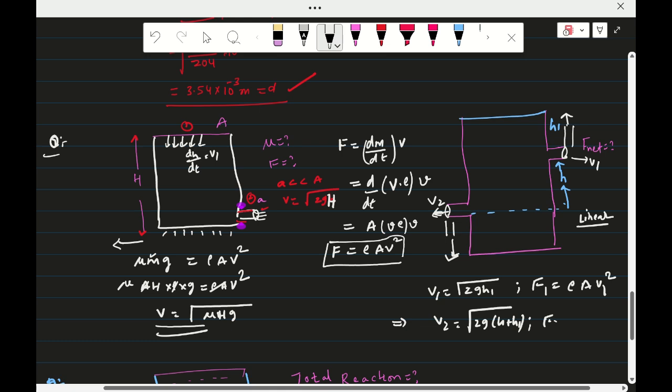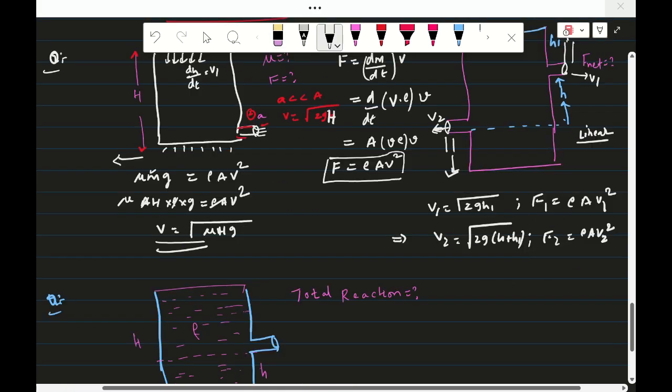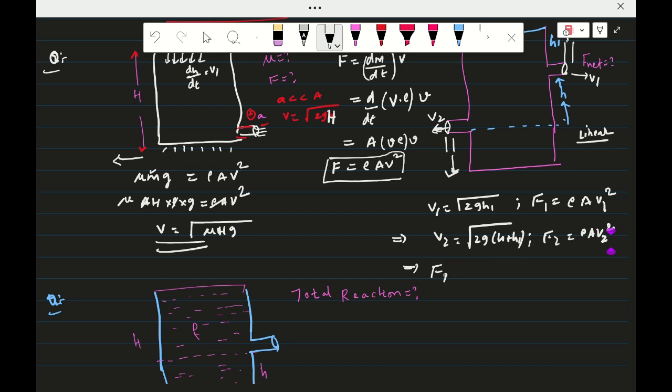Now f2 is equal to rho A v2 square. Therefore the net force is f2 minus f1. Since v2 is more, we take f2 minus f1.